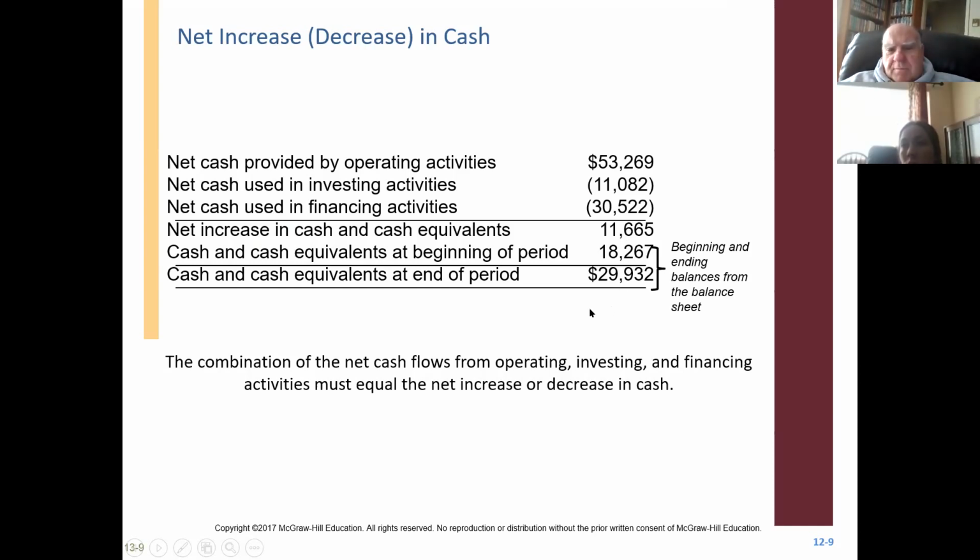So if you go into a meeting with your boss at month end and you tell him, wow, we did great, boss. We generated through operations 53,269. He or she'll look at that, but their eyes are going to be drawn to the net increase if it's only 12. If we had $53 million that we raised through operations, how come cash only went up 11?